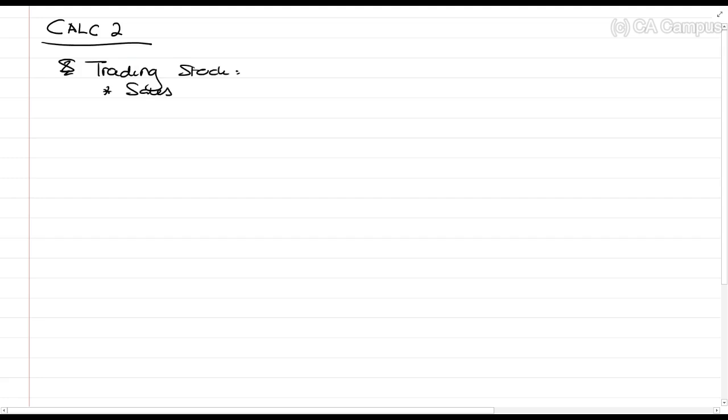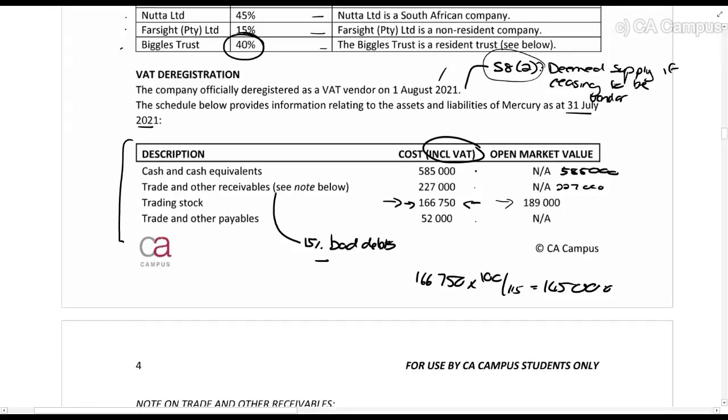We're doing tax here, but accounting still applies. This must be equal to cost. What happens when you've got sales? You've got cost of sales. And what was the cost of the sale? The cost. Right, let's go through it.